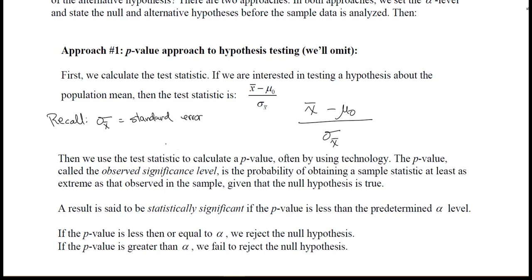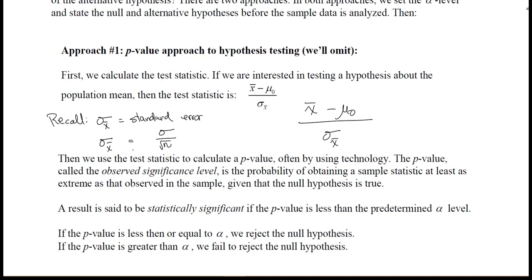Remember, error here doesn't mean mistake, it means deviation from something that's expected or from the mean. In this case, the sigma of all the x bars is equal to the population sigma, the population standard deviation, divided by the square root of n.